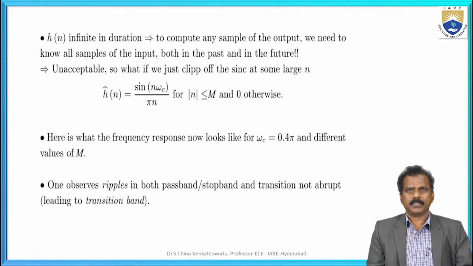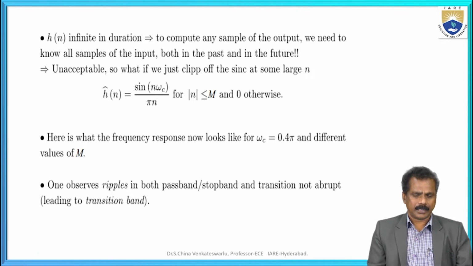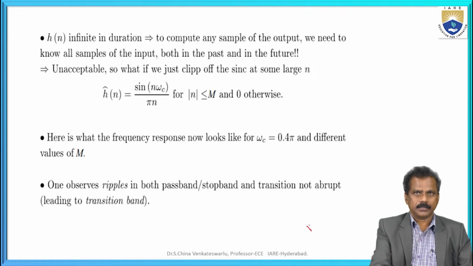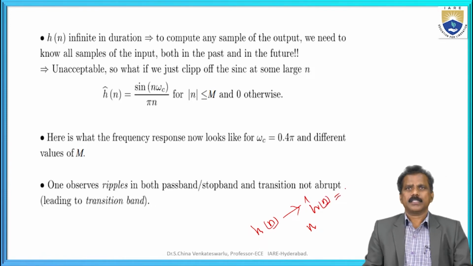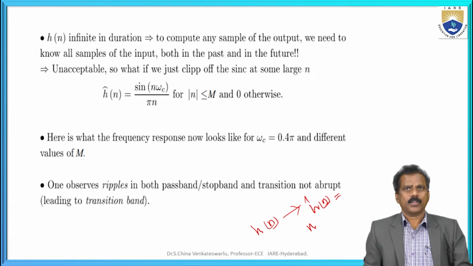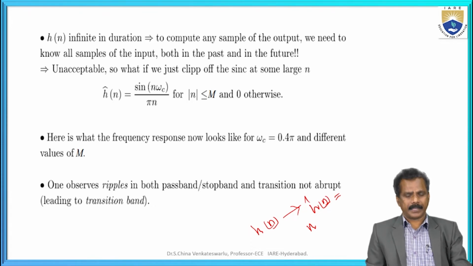So we just clip off the sinc at some large n. The truncated impulse response may be h of n, or we can have h cap of n, which is also equal to sin of n omega c by n.